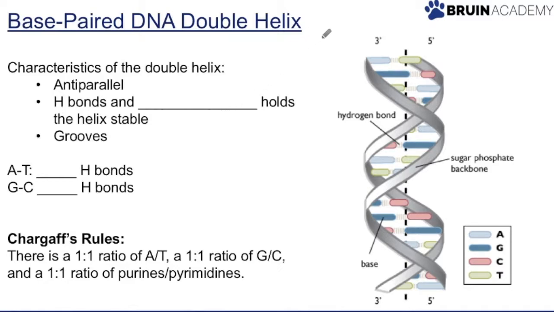And then lastly, we're just going to go over the base pair DNA double helix. Some major characteristics of a double helix are that it's anti-parallel, meaning that the 3' and the 5' ends are corresponding and aligned with each other. So one goes 3' to 5', the other one goes 5' to 3'.